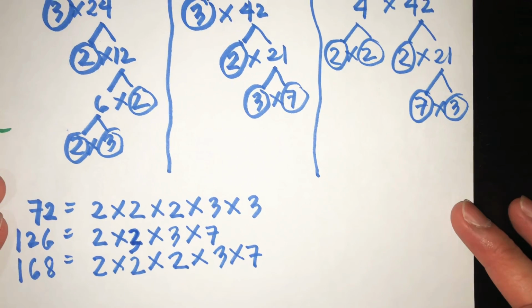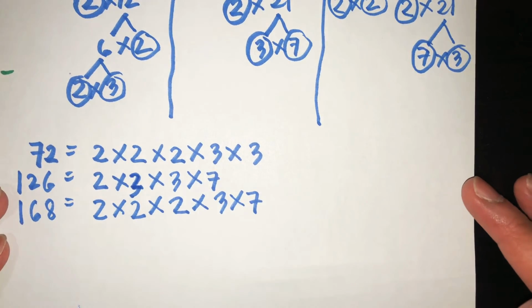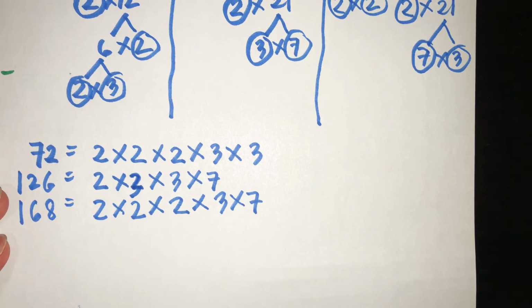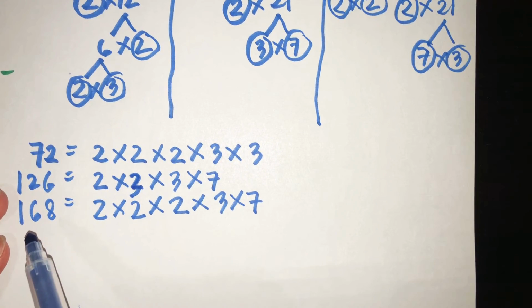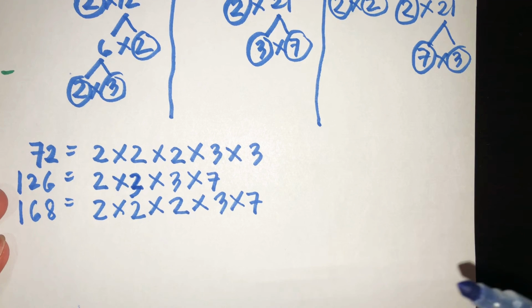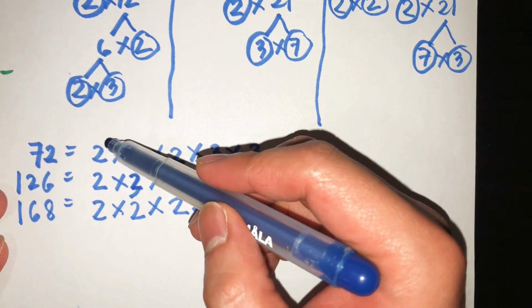Okay, that's it. Okay? Now what we're going to do is we're going to get the common for the 3 numbers. Okay? So remember there are 3 numbers. So to get the greatest common factor or highest common factor, the numbers must be common for all the 3 numbers, not just 2 numbers. Okay? So in this case, we can have this.